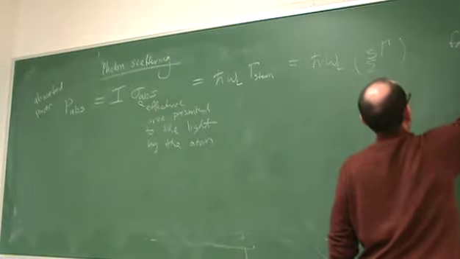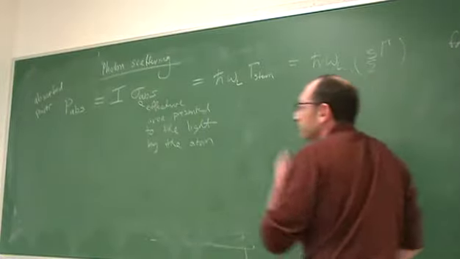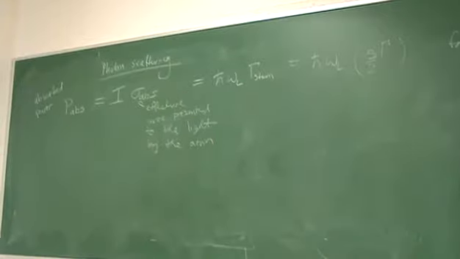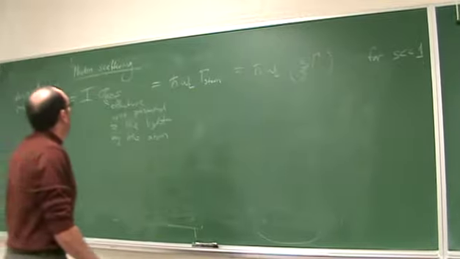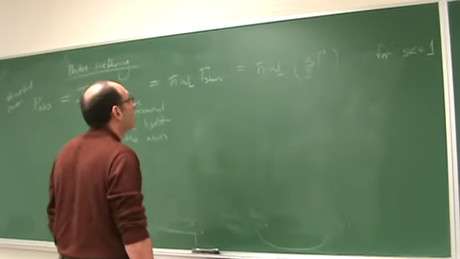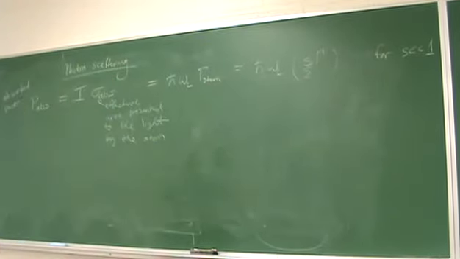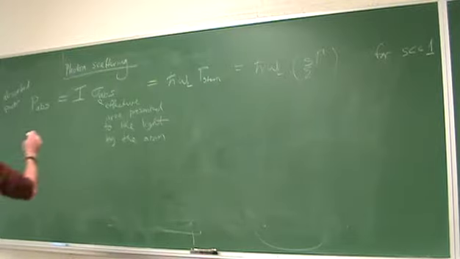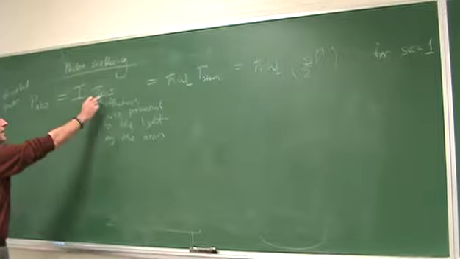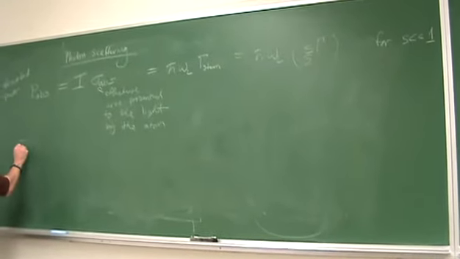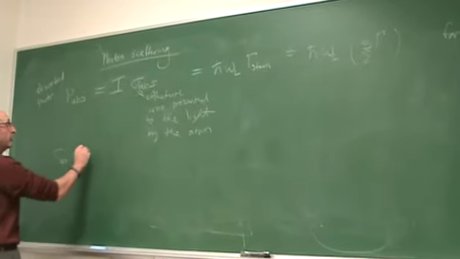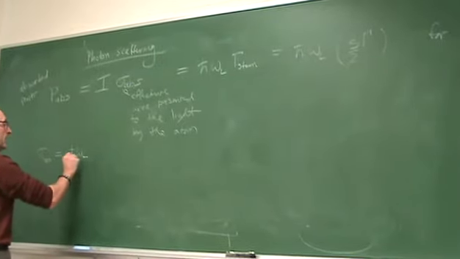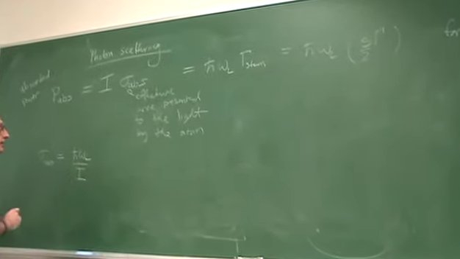This was for S much less than 1. Okay, so what does that tell us? That tells us we can calculate this absorption cross-section, which is equal to h bar omega L over the intensity.